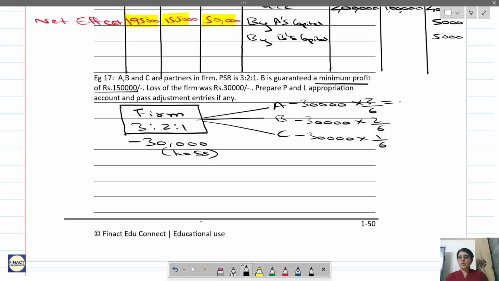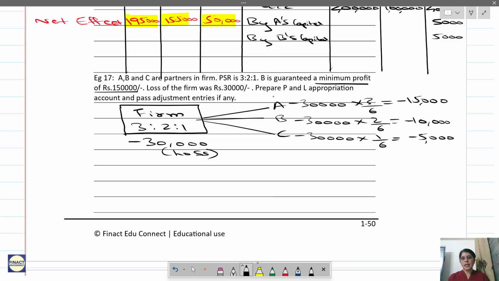This comes to minus 15,000, then minus 10,000, and minus 5,000. Now let us see what has happened.